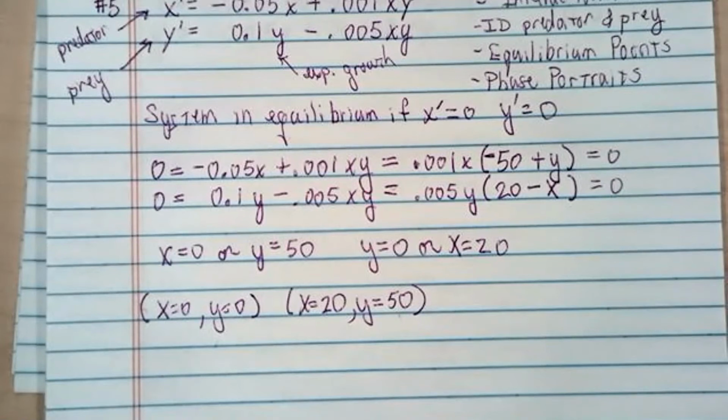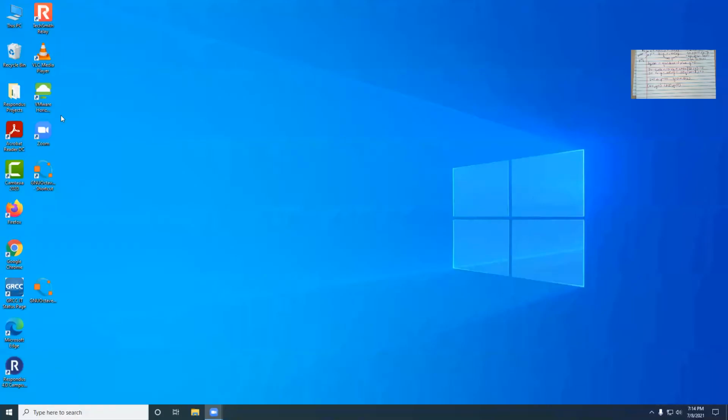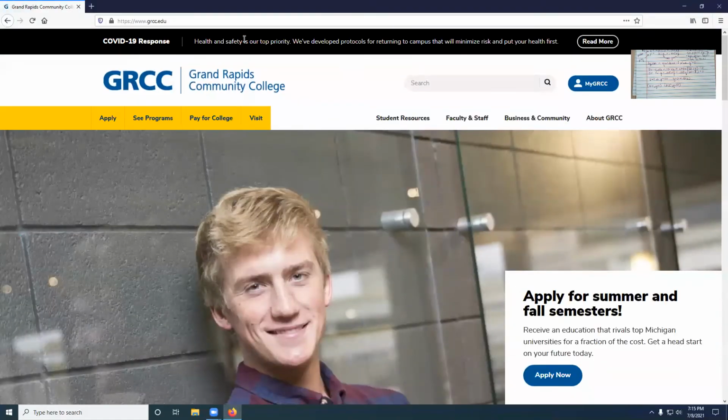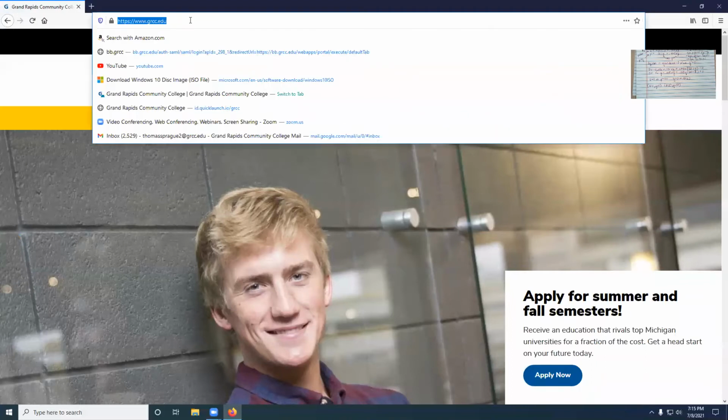Let's take a look at what we get when we look at the phase diagram. So what's the website?